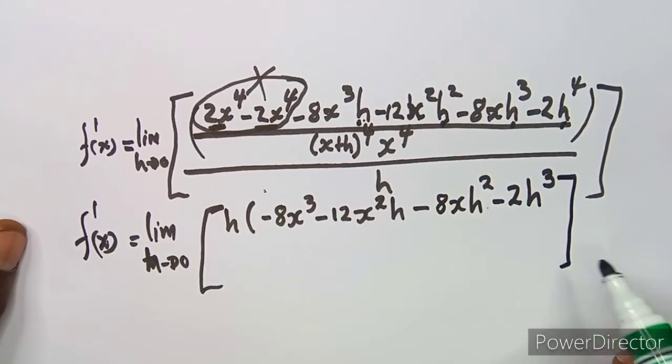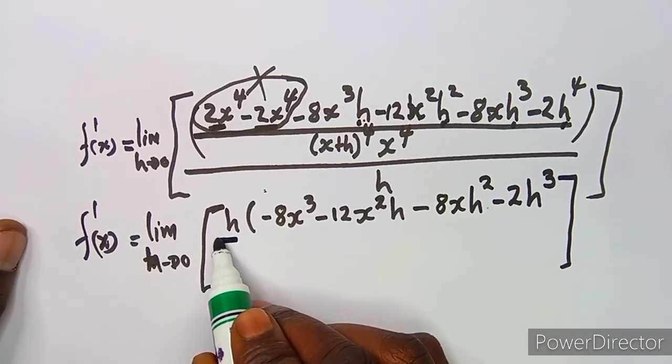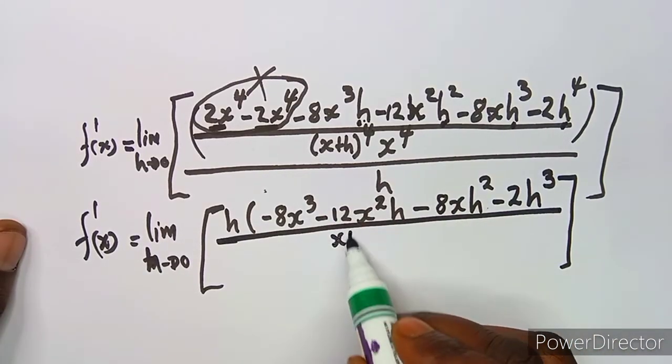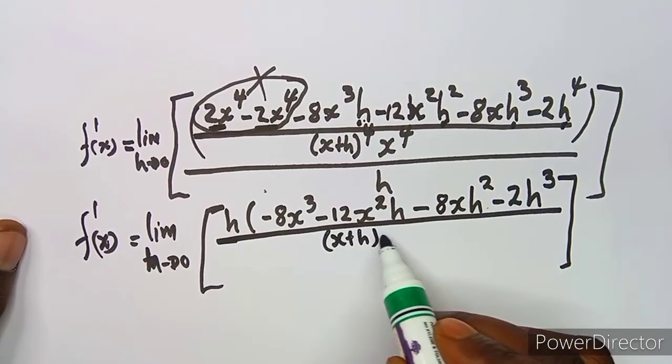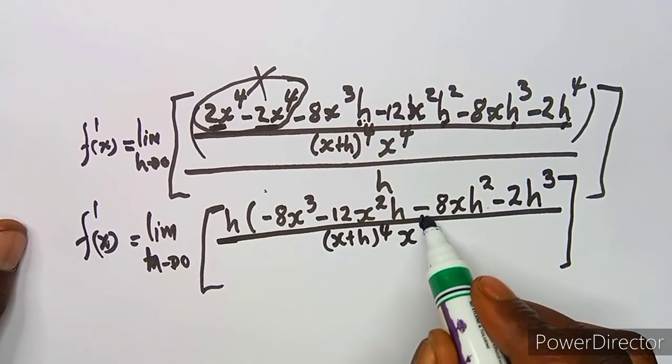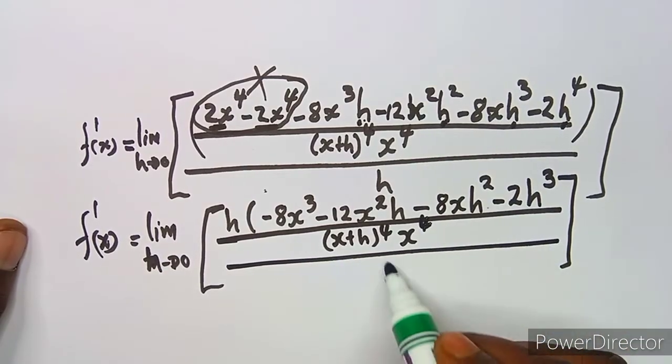Okay, everything here is still under this fraction here of (x plus h) to the exponent of 4, x to the exponent of 4, like this. All right, then everything over h.